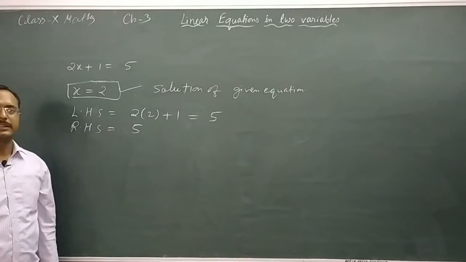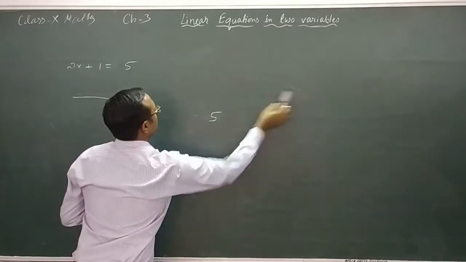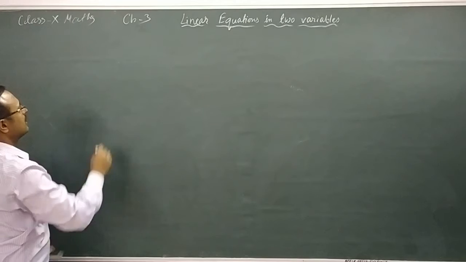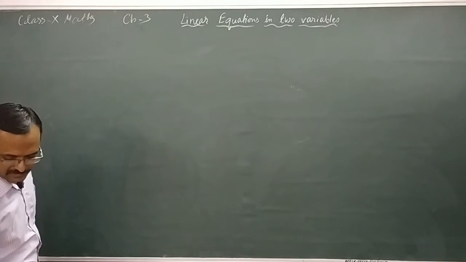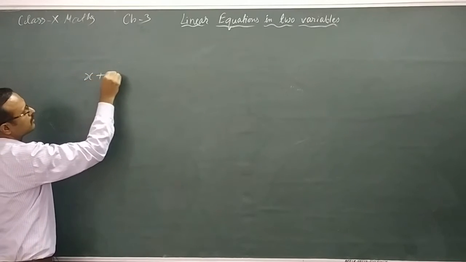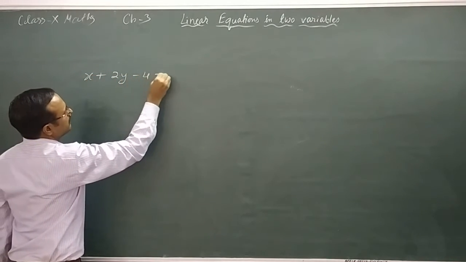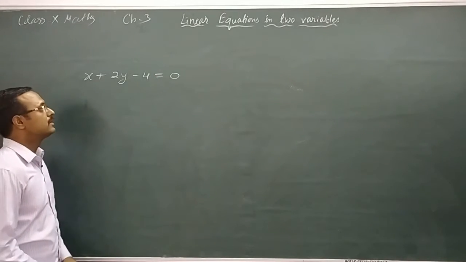Now coming to the linear equation in two variables. Let me take one of the linear equations, that is x plus 2y minus 4 equal to 0.